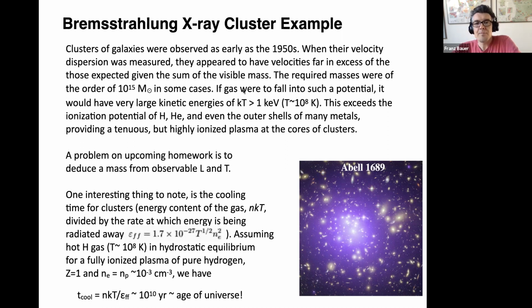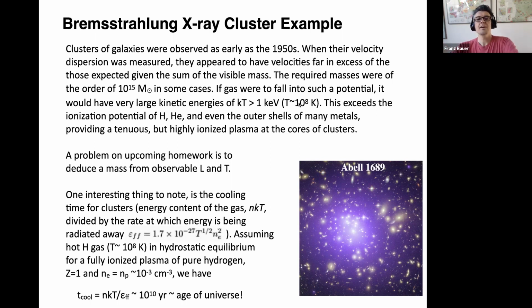So if we had some gas that fell into this sort of potential, the gas would be heated up to very high temperatures in the centers, right? And so the temperatures would be in excess of 1 keV, or about 10 to the 8. Obviously, the gas will be a complete plasma at that point, right?